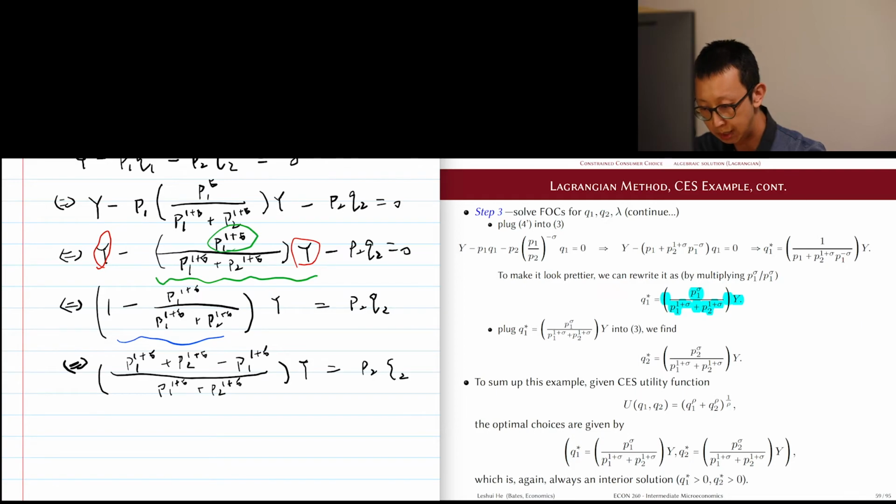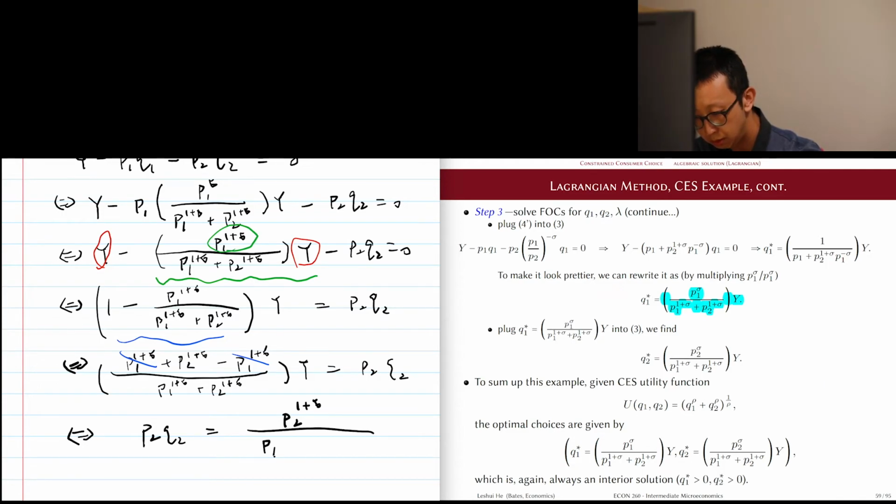But now you realize that this term is exactly the same as this term, so they cancel out, and what you end up with is, flipping both sides of the equation, so we have Q2 on the left-hand side. P2 Q2 is equal to P2 to the power of 1 plus sigma over P1 to the power of 1 plus sigma plus P2 to the power of 1 plus sigma times y.